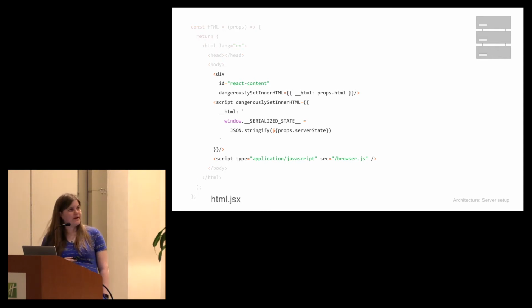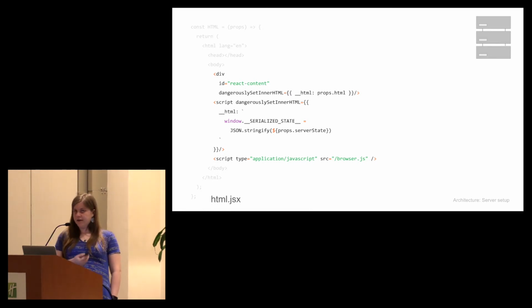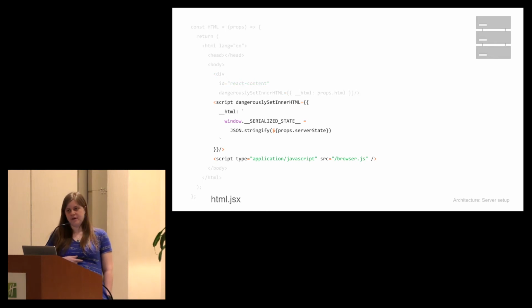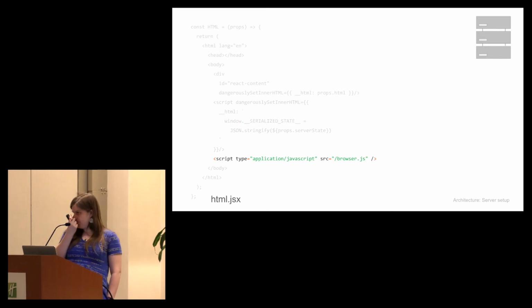It's going to let us set our React content inside of our React content div, and then on the browser we're going to render the hydrated stuff into that div, and React will be like, yay, it matches. We're also sending the state in a script tag, so we can just pull that off. And then if you remember, we made that browser.js bundle way back with Webpack. We're going to send that down too, so the JavaScript actually runs in the browser.